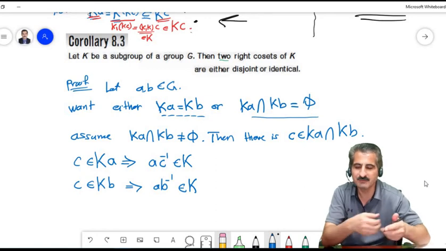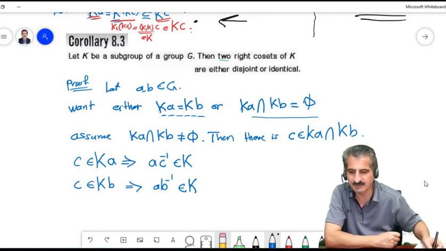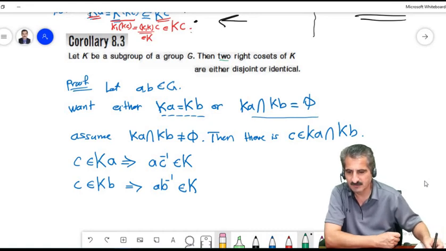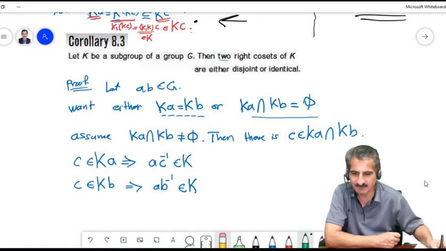So here we need to show that A and B are congruent. I should write here in green as more explanation. In this part we want to show Ka equals Kb.